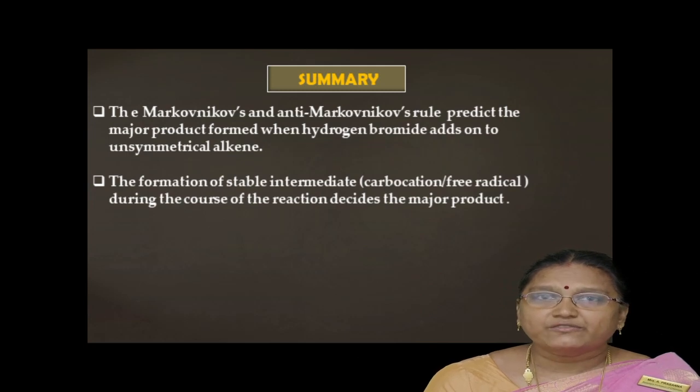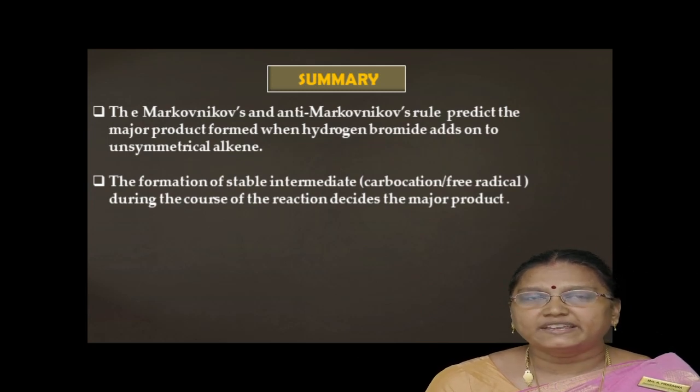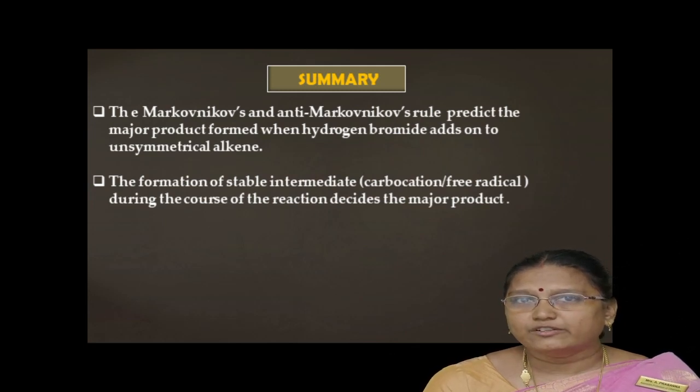The formation of the stable intermediate decides the major product. In the case of Markovnikov's rule, the stable intermediate, that is the secondary carbocation, decides the major product. But in the case of anti-Markovnikov's rule, the formation of the secondary free radical decides the formation of the major product.